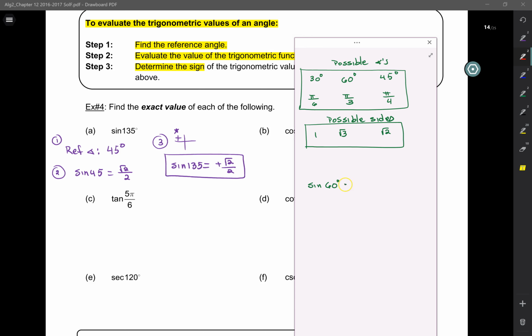Root 3 over 2. So it'll be root 3 over 2. All right, let's go back here.